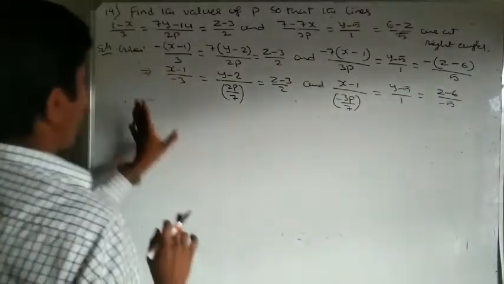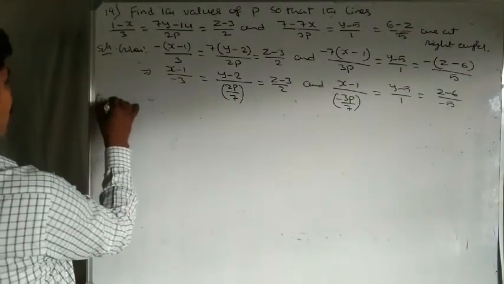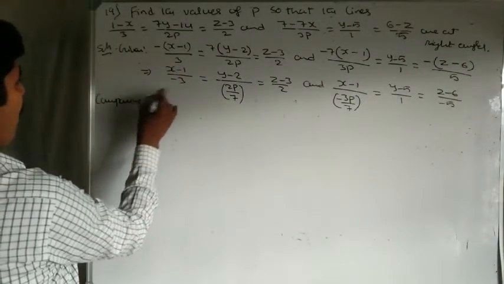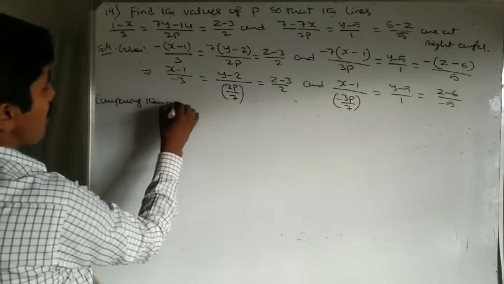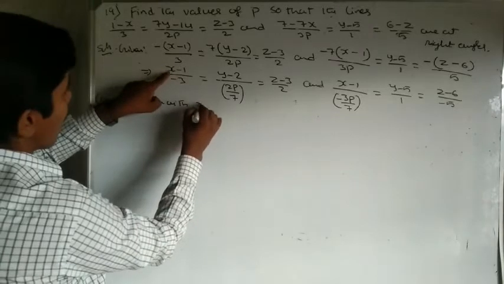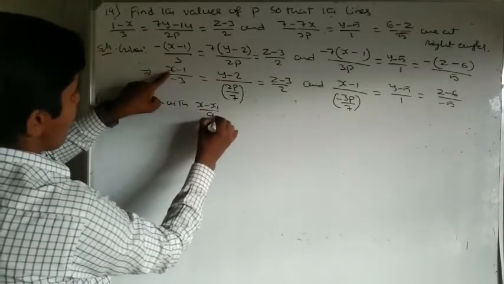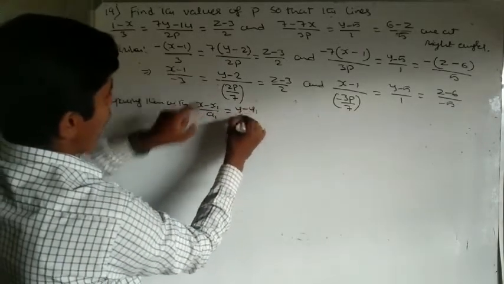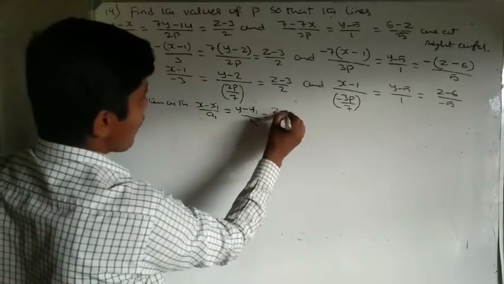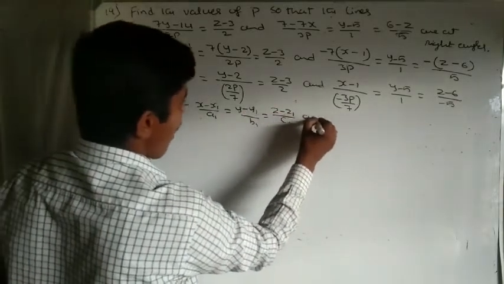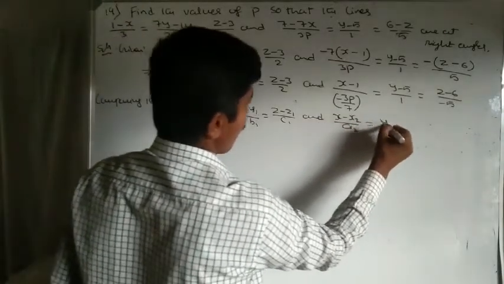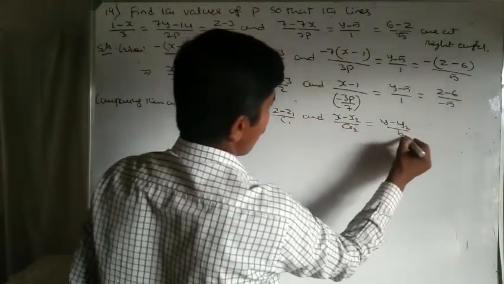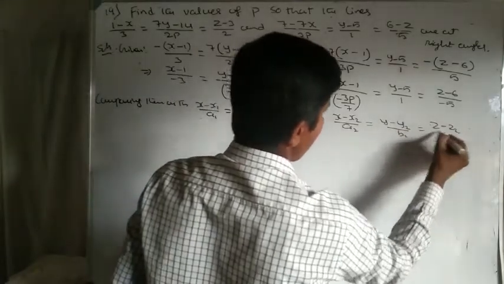Got it. Now compare this with, comparing the given equations with standard equations. x minus x1 by a1, which is equal to y minus y1 by b1, which is equal to z minus z1 by c1, and x minus x2 by a2, which is equal to y minus y2 by b2, which is equal to z minus z2 by c2.